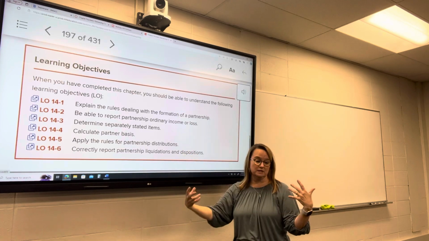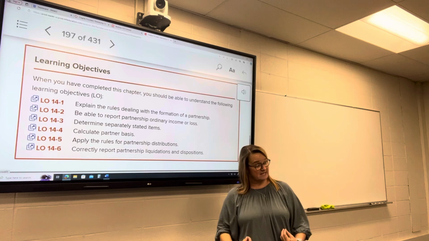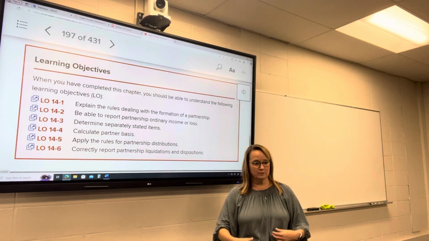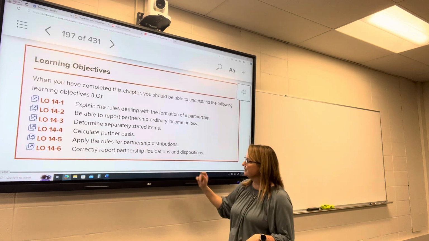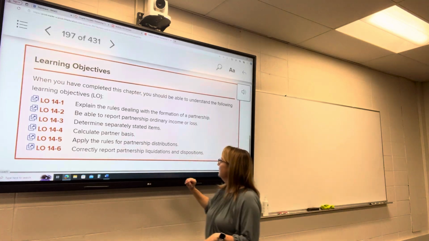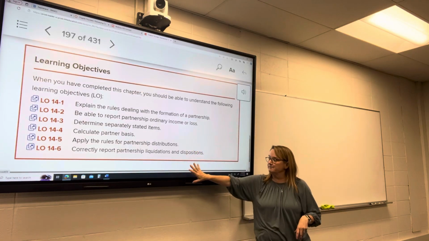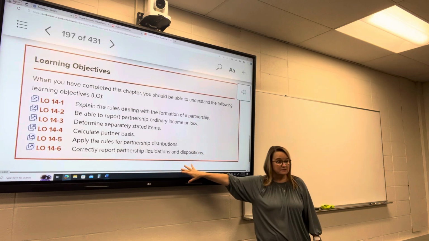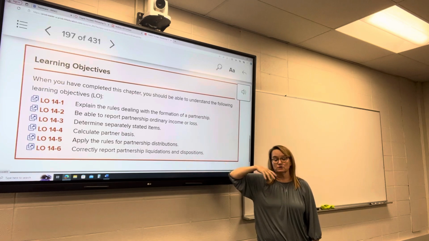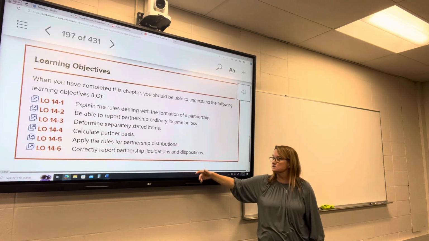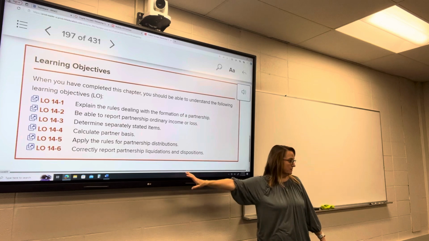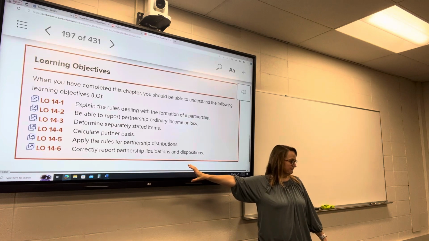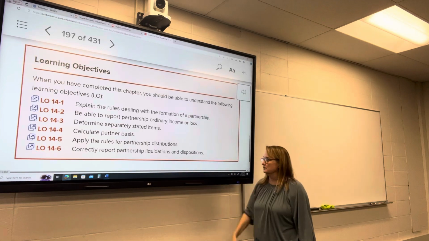This is where the partner pulls money out of the partnership, and how that is calculated. And then what happens when a partnership liquidates, so ceases to exist, or when a partner sells their portion of the partnership, and how we do those calculations.